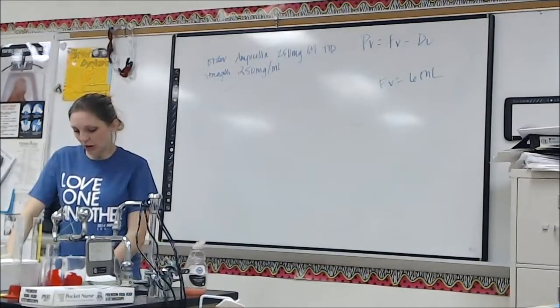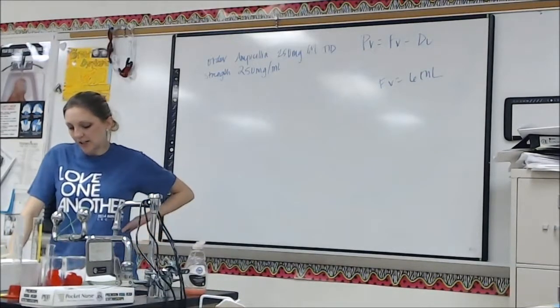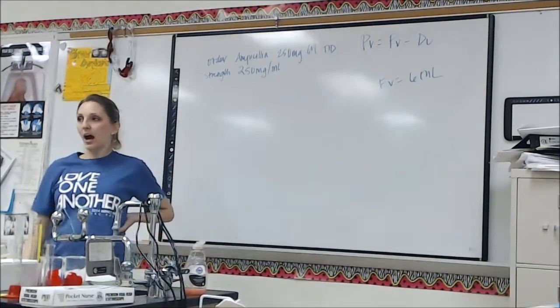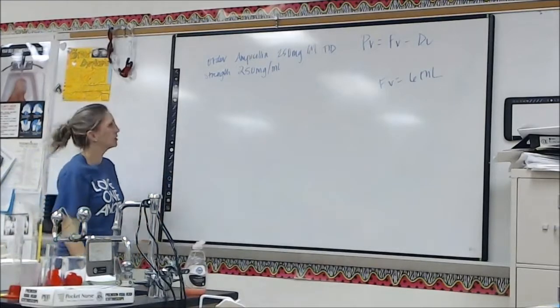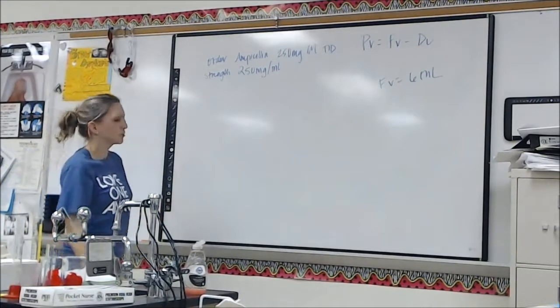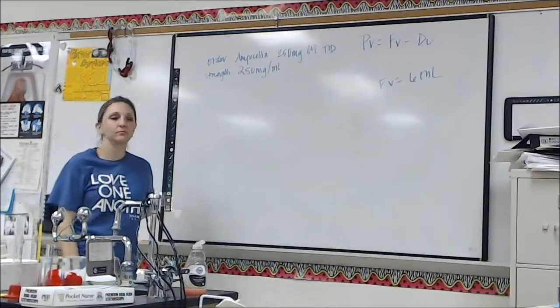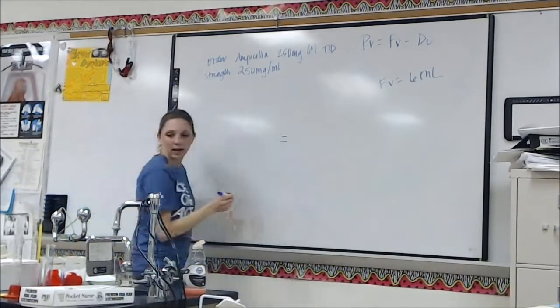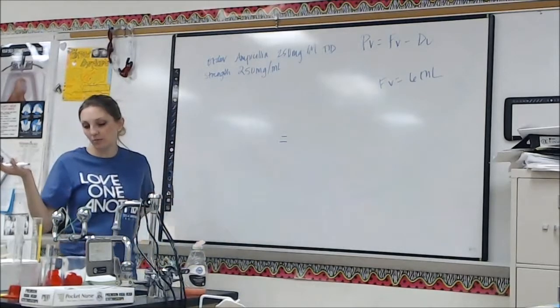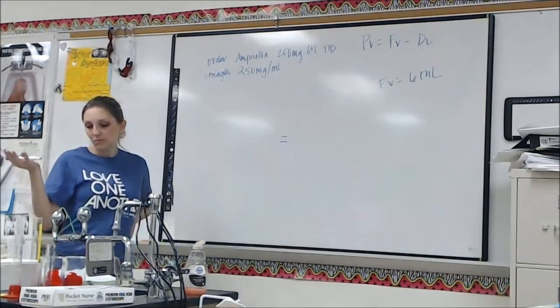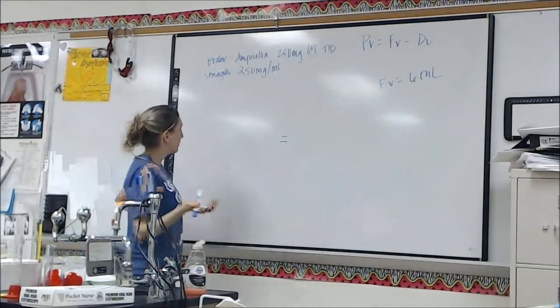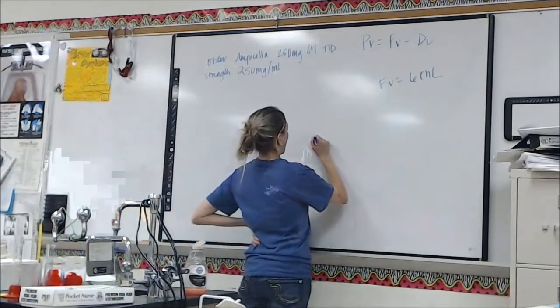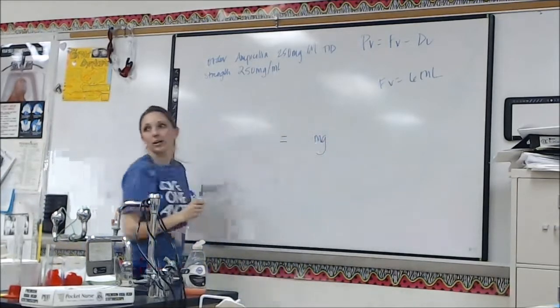Okay, so here's our question. It says, what dosage of medication is found in 1.5 milliliters of reconstituted medication? So how am I going to set this up? 1 milliliter. Okay, so what are we wanting to know? How many milligrams are in 1.5? Good.